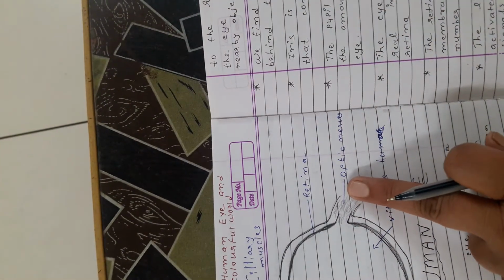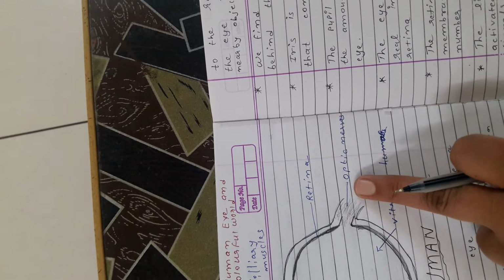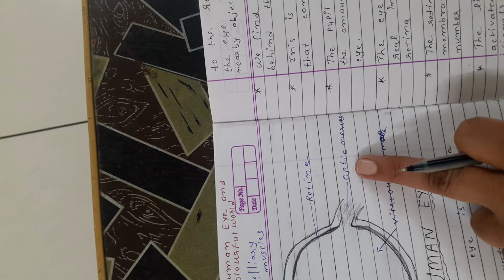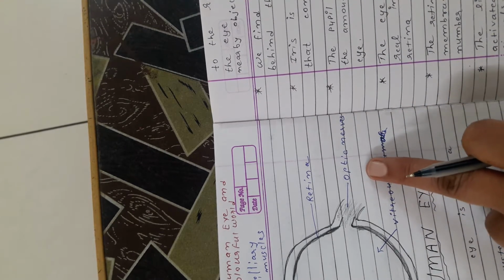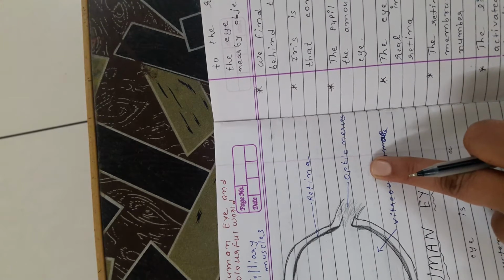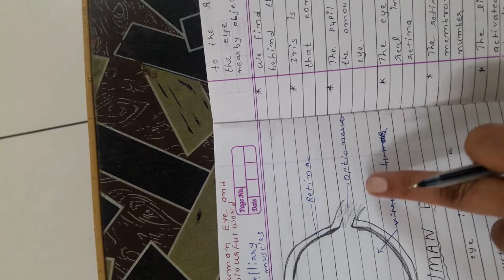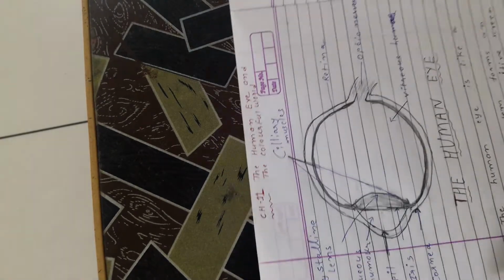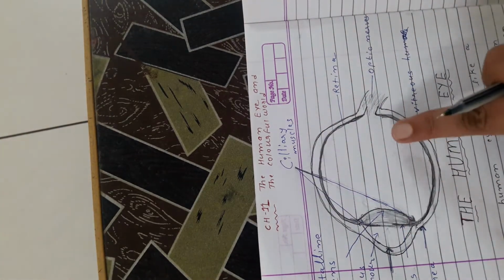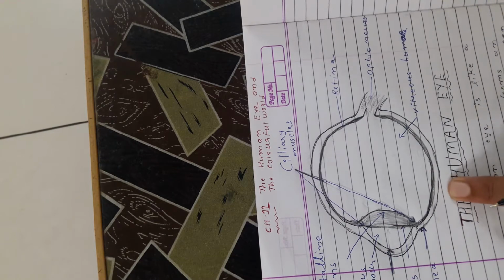See, these are the optic nerves. The brain interprets these signals, and the image of the object is interpreted. So this is the structure of the human eye. It is a very important topic.